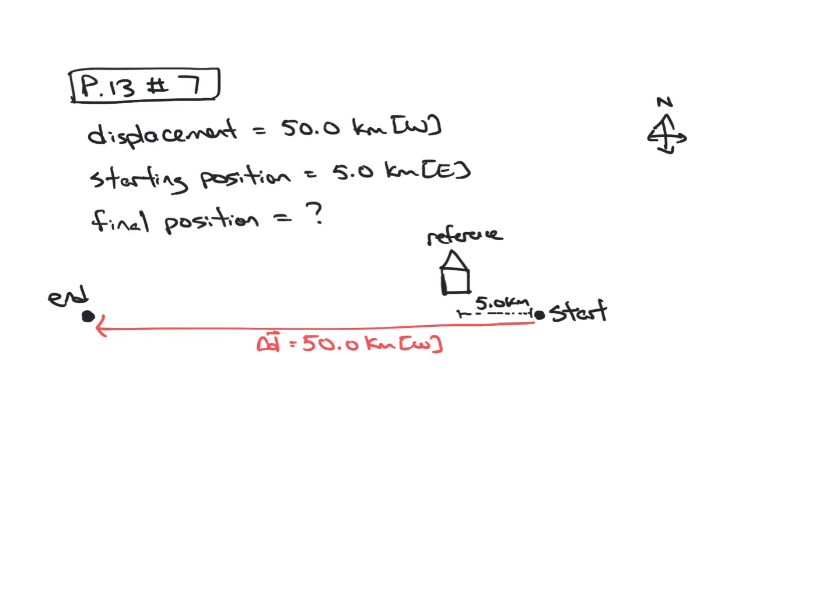So it's going to be 45.0. Okay, so when they move 50 kilometers west, well, the first 5 kilometers gets them back to the reference, gets them back to the house. And what's remaining is 45 kilometers. So that is going to be the final position.